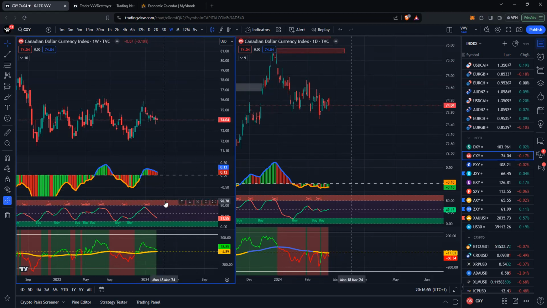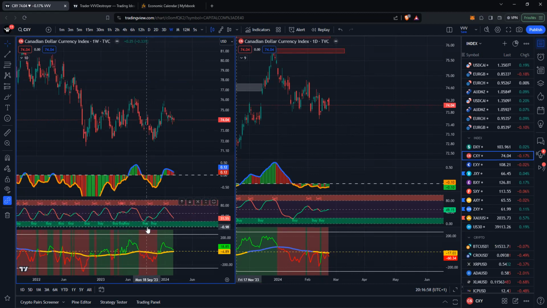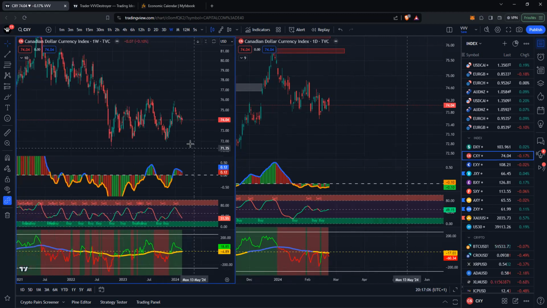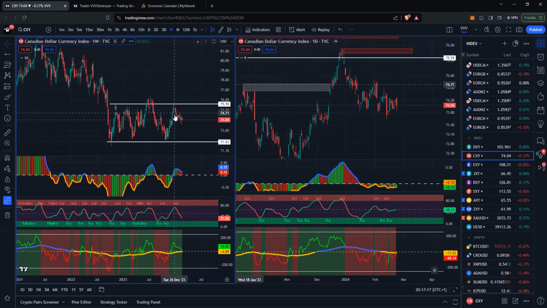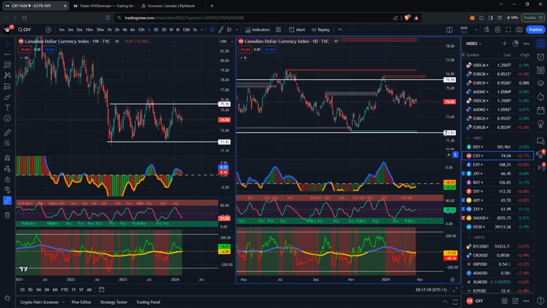Most of the time, this is something that we can count on. This is still bullish. This is bullish. This is bullish. So this is also a mixed sign, which is normal because we are between this and this. So we are just bouncing up and down, up and down.